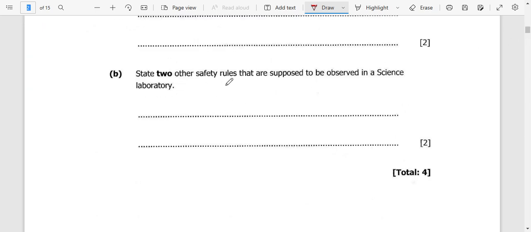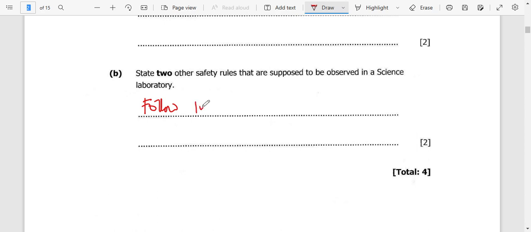State two other safety rules that are supposed to be observed in a science laboratory. What rules do you know that is supposed to be done in a lab? Apart from you wearing gloves, what other rules do you know? Follow instructions. Every time follow instructions by the teacher.